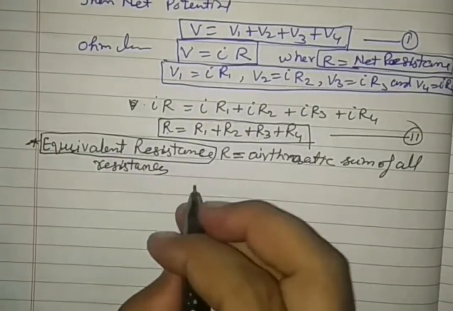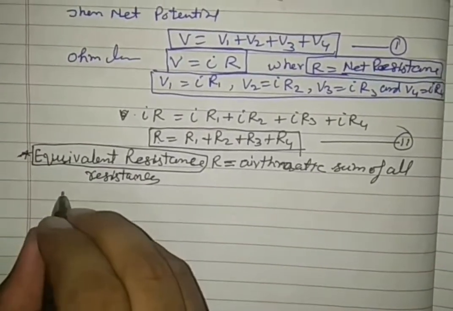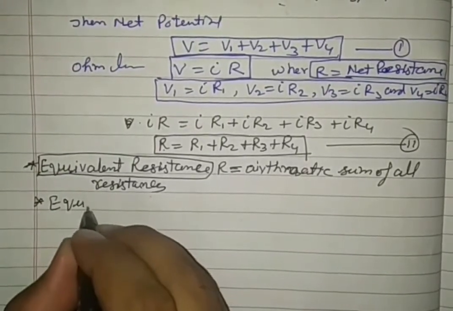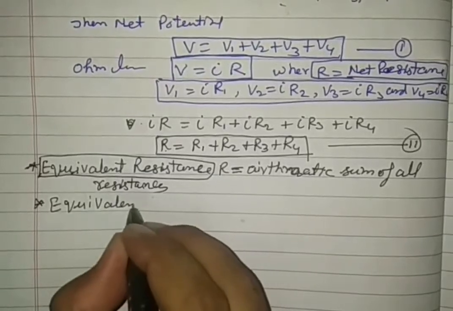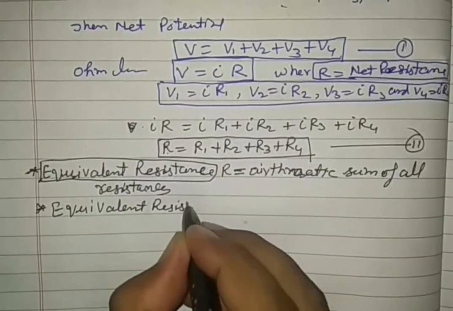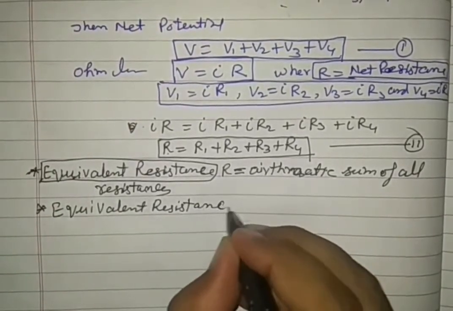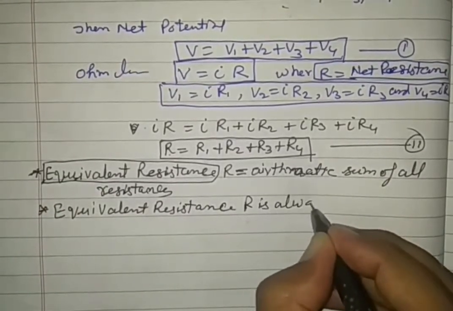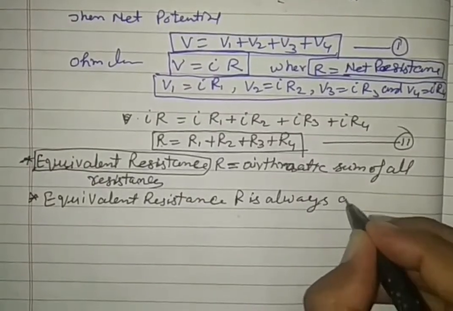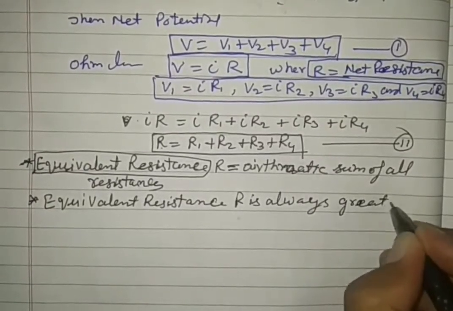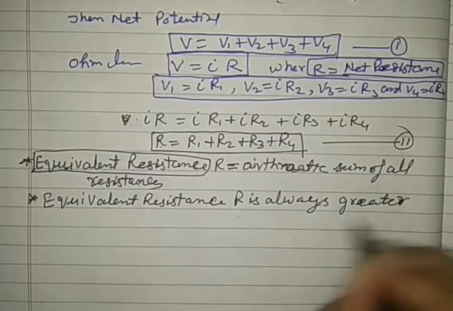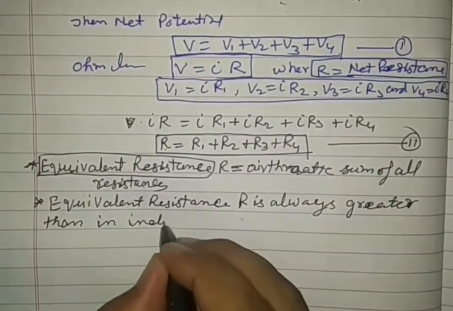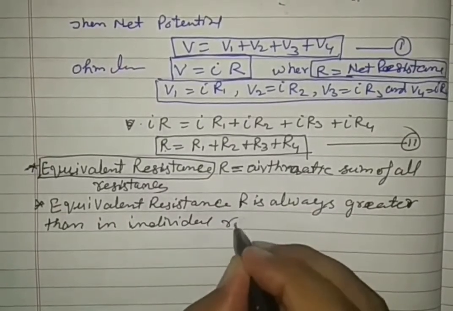So the second point: the equivalent resistance R is always greater than any individual resistance.